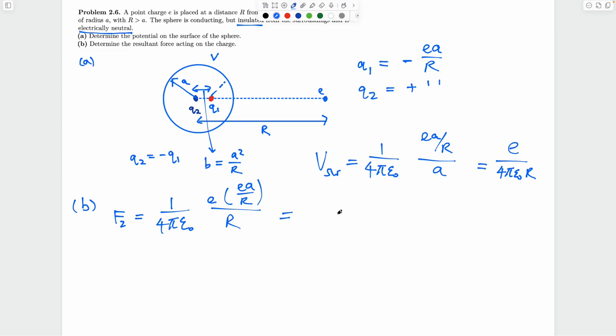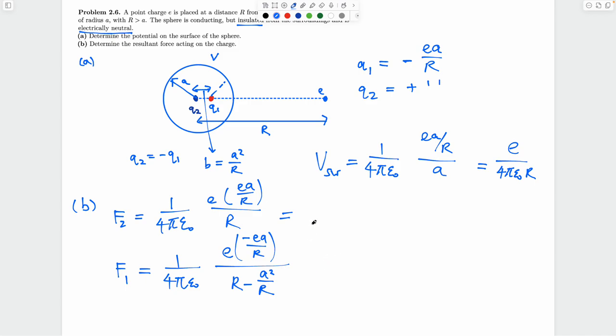And then the force due to the first image charge is 1 over 4 pi epsilon naught, and so on.